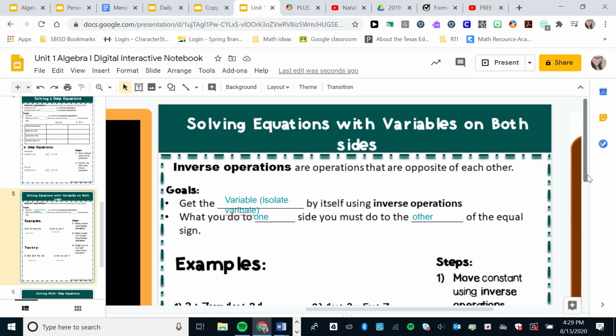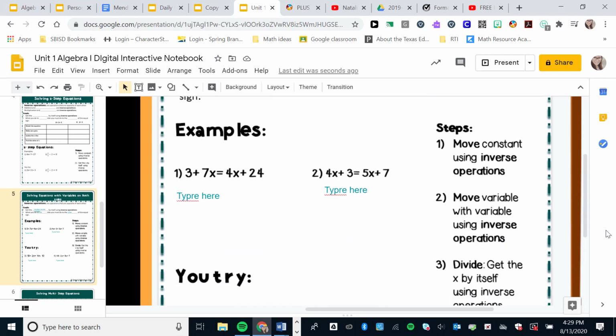All right, so let's look at our steps. The steps really break down to move, move, divide. I like to make it easy for you guys, and I like to give you a starting point. So I'm going to tell you that you're going to move the constant first using inverse operation. Our goal again is we want this x by itself on one side.